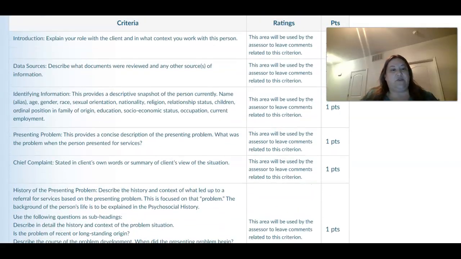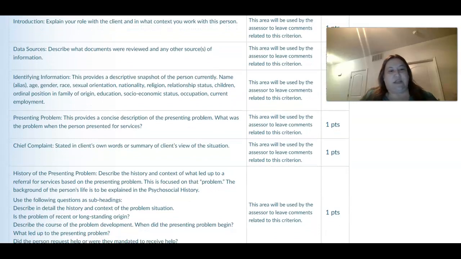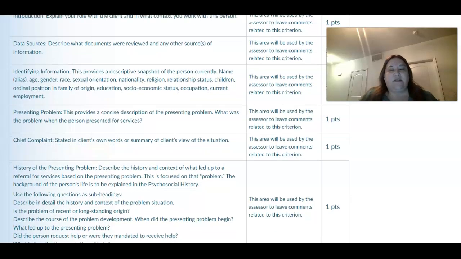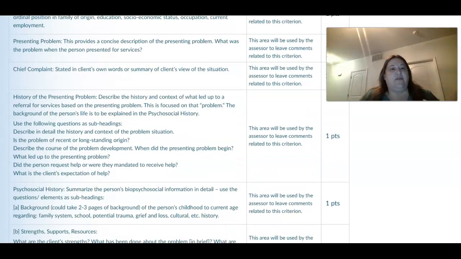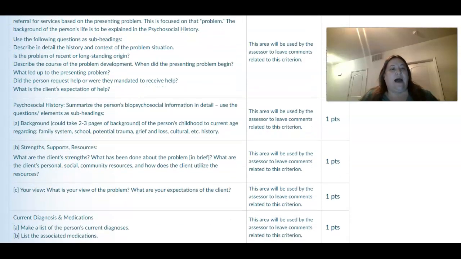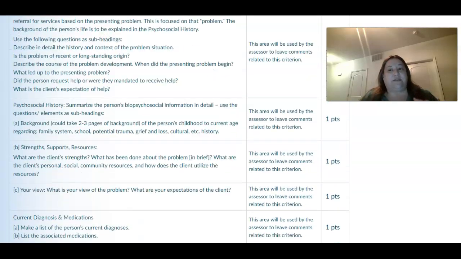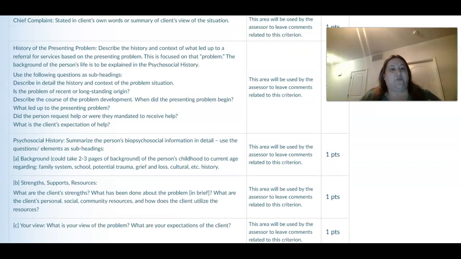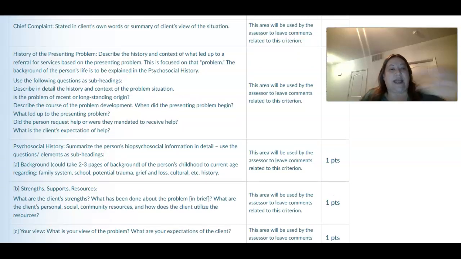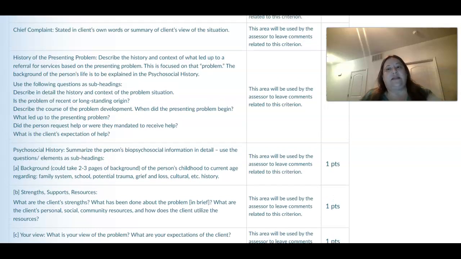I want to come down so you can see the introduction, data sources, identifying information, presenting problem, chief complaint. All of that is the same as mentioned above. The history of the presenting problem and the psychosocial history, as well as the diagnostic assessment, have additional steps. So for the history of the presenting problem, here are some questions to answer that should be subheadings. Please use APA style, using headings and subheadings.